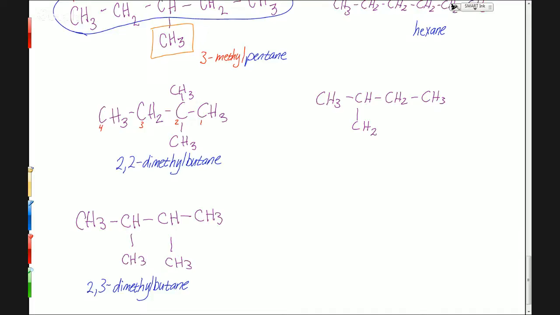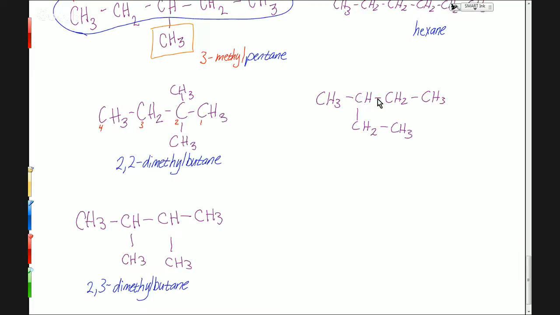Oh, wait, no, okay, well, we can look at this one anyway. So this structure, is this the same or is this different? So it looks like another, is this what you wrote? Yeah. So it looks like, okay, we're going to call this main chain right here. That's butane. So this looks like 2-ethylbutane, which is a different name from what we've seen so far.